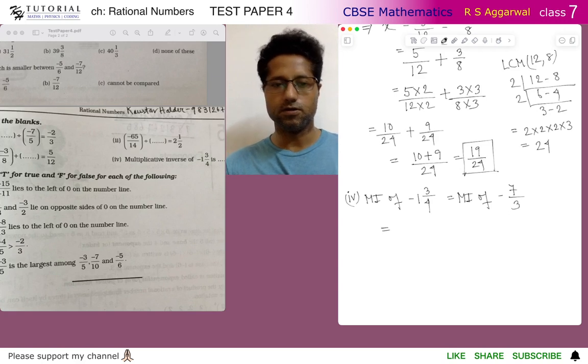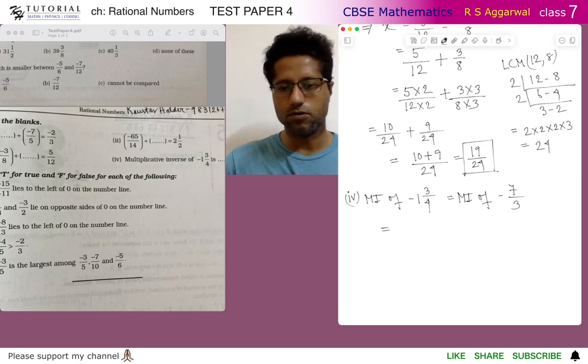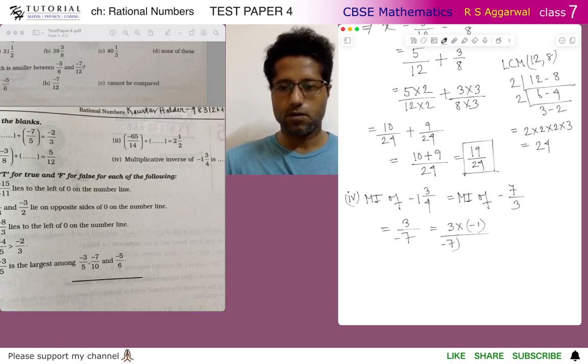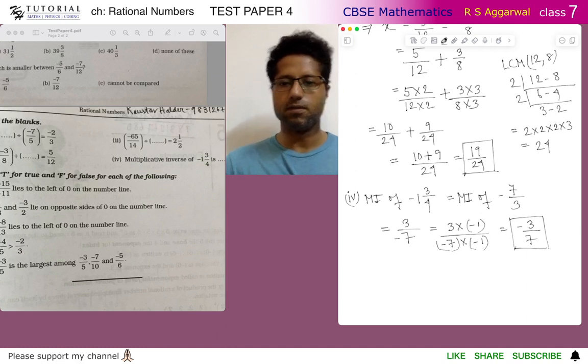We just reverse the numerator and the denominator. So this will become 3 upon minus 7, and we never keep the denominator negative in a rational number. So to make the denominator positive, we will multiply both the numerator and the denominator by minus 1. So this becomes minus 3 by 7, which is the answer, the multiplicative inverse of minus 1 3 by 4.